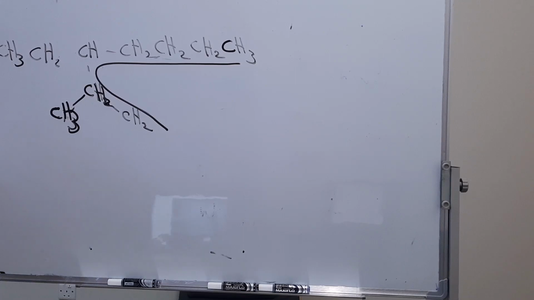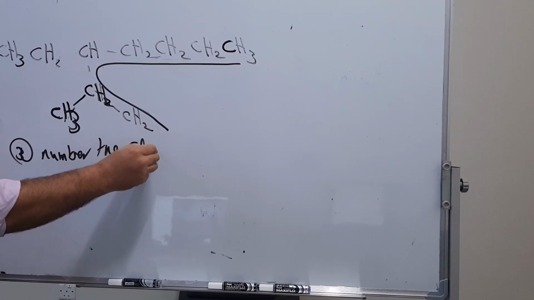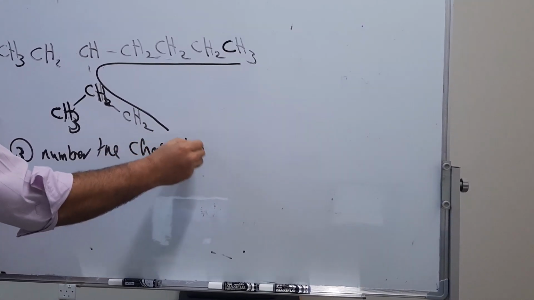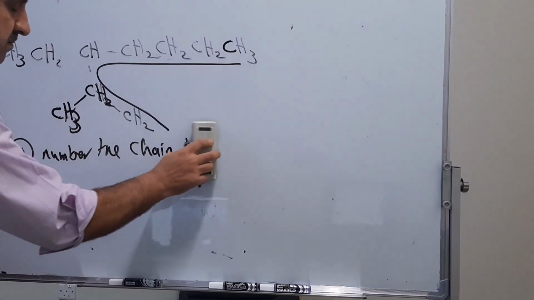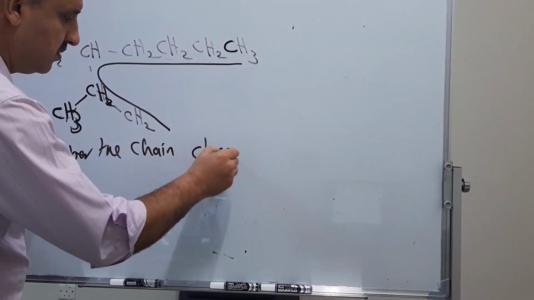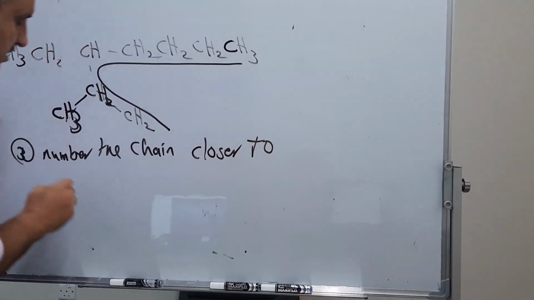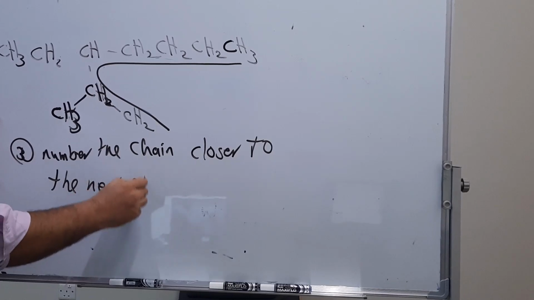Now, after that, we must apply rule number 3, let's say: number the chain to have, or closer to, the nearest branch.